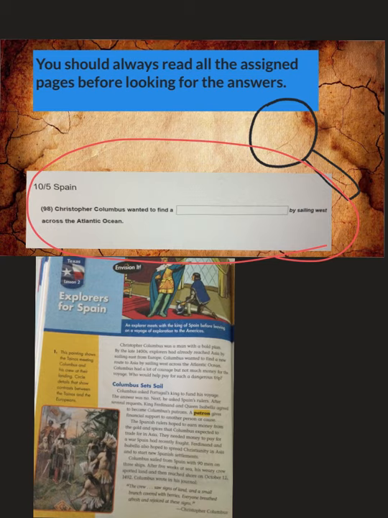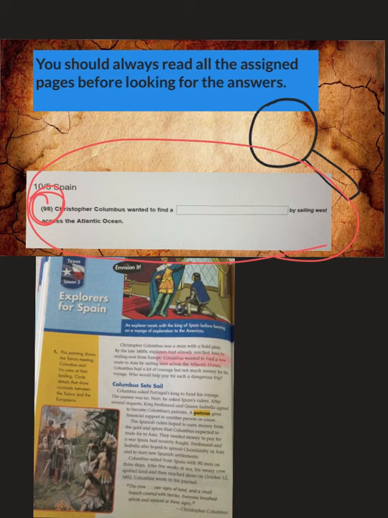It says Christopher Columbus wanted to find a blank by sailing west across the Atlantic Ocean. And what you'll notice is here, this 98, that is the page where you'll find this answer. So once you've read all the assigned pages, it's pretty easy to go back and follow these notes and find out exactly what Christopher Columbus wanted to do. And I'll get the highlighter here. And as I'm reading the page, I can find the answer.